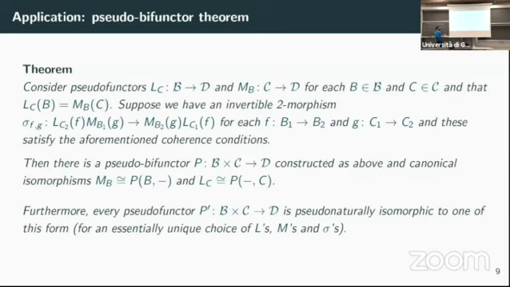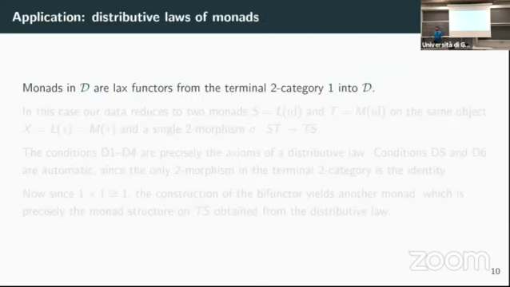But this isn't the only application that we can get for this. So there's also another example that I've been hinting about throughout the talk. And that is this example of monads. So you might be familiar with the result that says a monad is just a lax functor from the terminal 2 category.